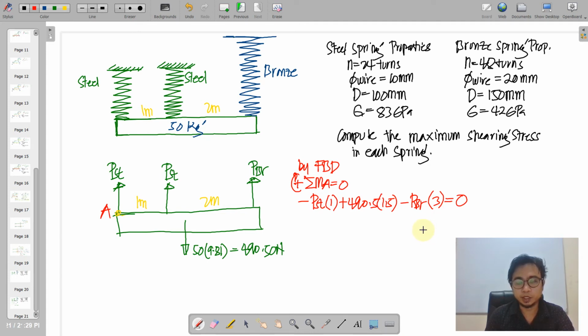So perhaps we can arrange it, transferring the constant to the right side of the equation. We have 735.75. So let this be our equation 1. Okay, by the way, P steel here and P steel on this point are not necessarily equal. So perhaps we can have a variable to indicate that these are different.